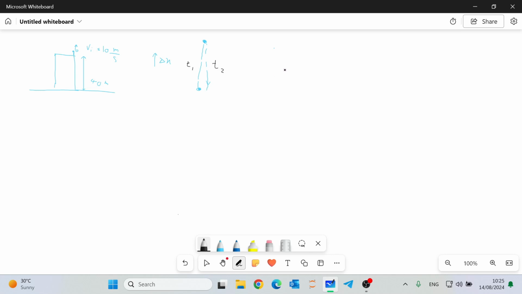From now on, t1 equals t2. It means that when you throw a ball upward, the time that it takes to go to the highest point equals the time that it takes the ball to come down from the highest point to the point where it was thrown.